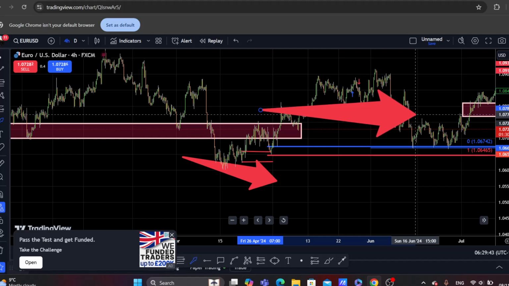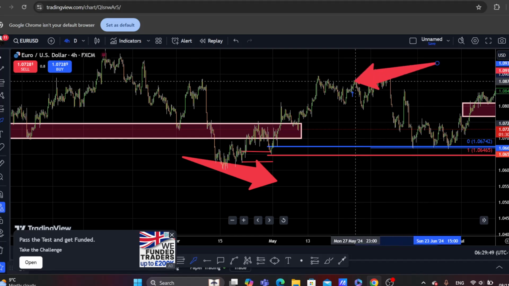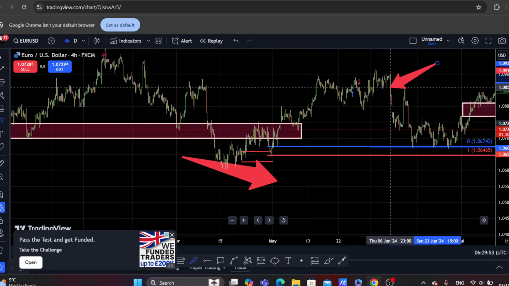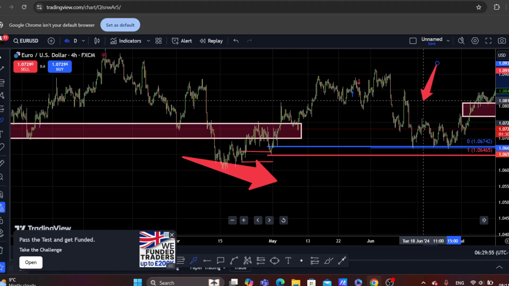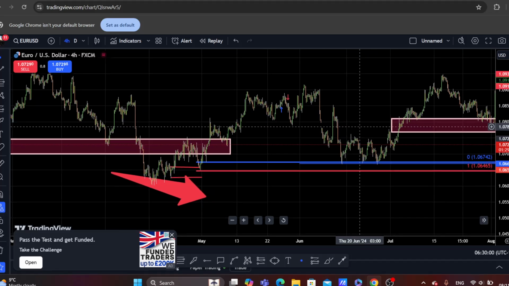Okay, so when you go long, your target will be that high right there, yeah, or that high right there. Okay, because the bank has gone long, so you're basically going long with the banks. Okay, all right, so moving on to the right.